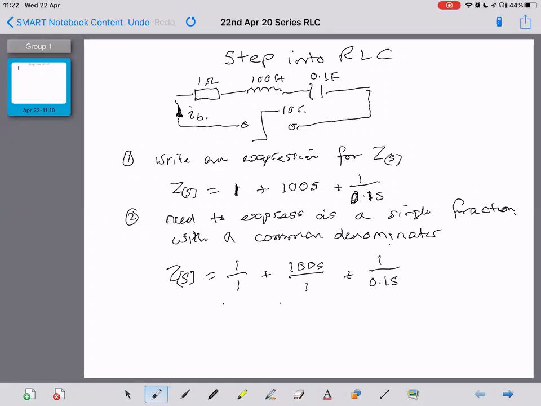The common denominator here is 0.1S. So if we multiply the bottom by 0.1S, we also have to do that to the top.